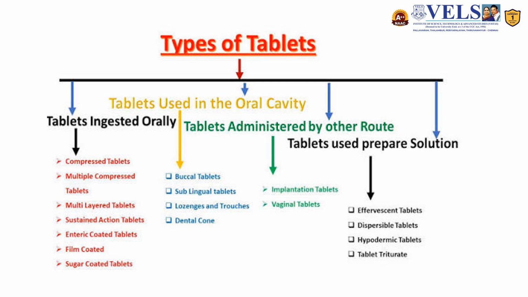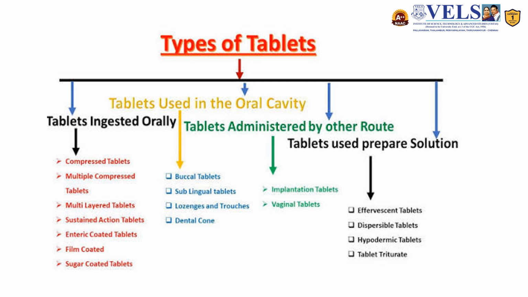Types of tablets. Tablets ingested orally, tablets used in the oral cavity, tablets administered by other routes, and tablets used to prepare solutions. Tablets ingested orally include compressed tablets, multi-compressed tablets, multilayer tablets, sustained action tablets, enteric coated tablets, film coated tablets, and sugar coated tablets.